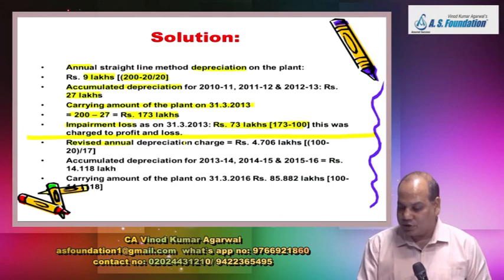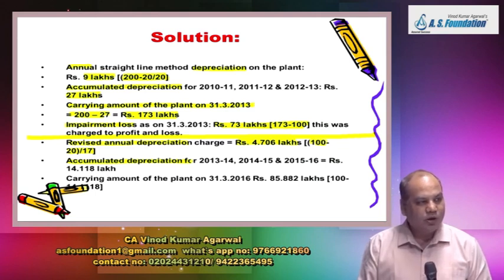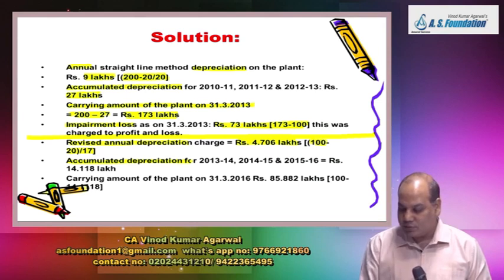Revised annual depreciation per annum. 100 minus 20 divided by 17 years equal to 4.706 lakh. Next line. Accumulated depreciation at the end of 31st March 16. 4.706 into 3, 14.118 lakh.